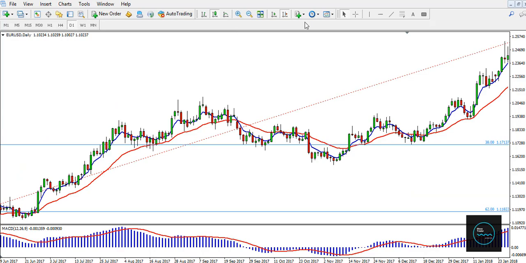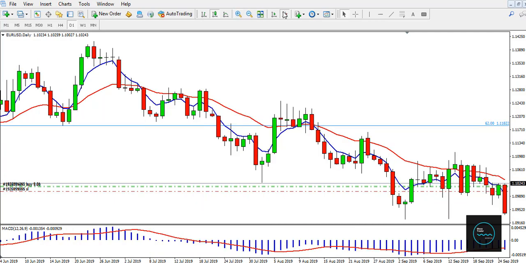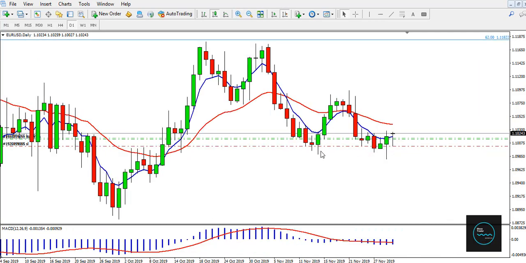So let's go down to the daily chart, and on the daily chart you can begin to see a bit more definition. How I got into this trade was I'd been watching this currency pair for some time now, and you can see here that we have the beginnings of positive divergence, and I'm sure most of you know what divergence is.